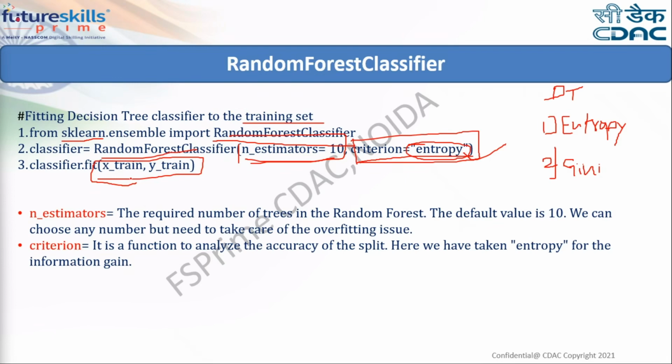We have implemented decision tree, if you can remember by that point. You are training your model here, and that model is in classifier. In classifier, you have stored that it will be a random forest classifier with 10 trees, and the criterion will be entropy. Now you are training your model, classifier dot fit X train, Y train.